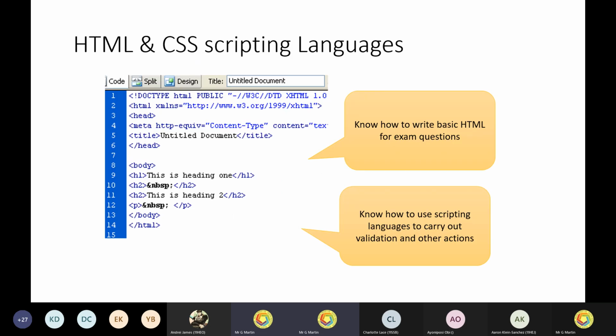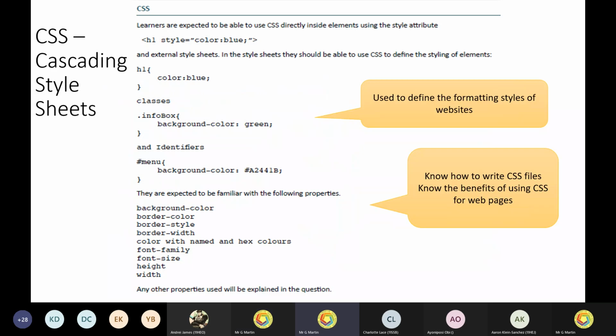You also have to understand HTML and CSS scripting languages. So the hypertext markup language, you have to understand how some of the instructions work in order to be able to answer questions, and also how to change the style sheets, the Cascading Style Sheets, in order to change the appearance of particular HTML code.